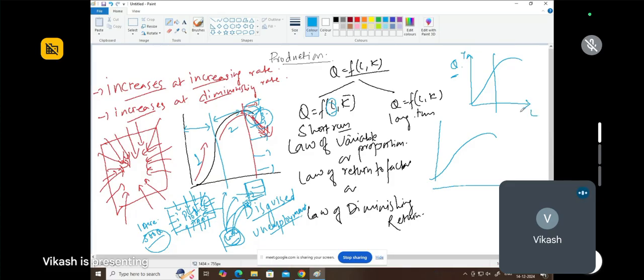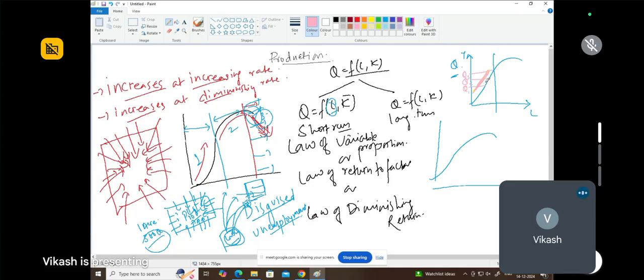If you stop at this point or any point before this point, I am showing it through the pink line, you will be able to produce say Q1, or Q2, or Q3. So you will be able to use up to Q3.